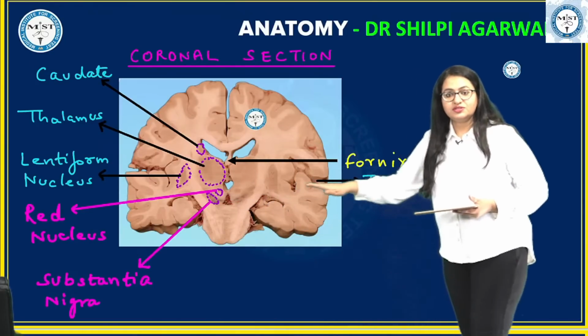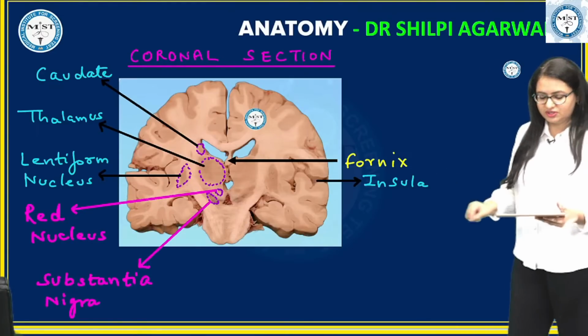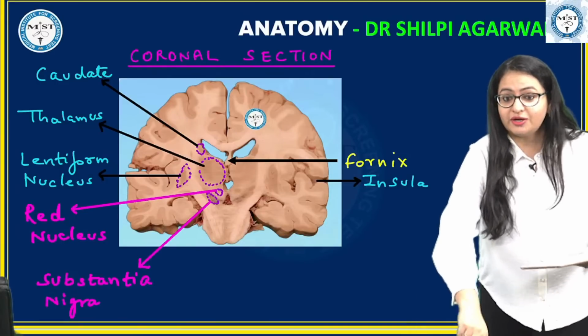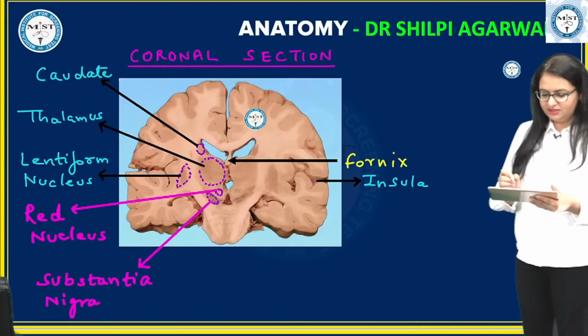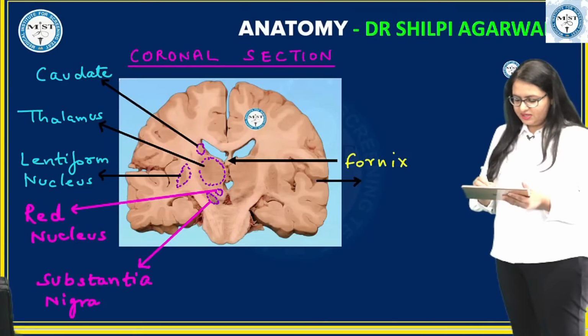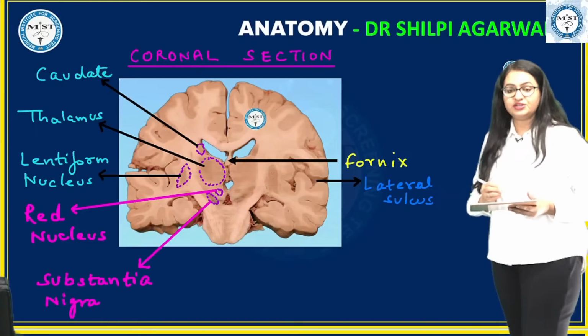Similarly, this is the lateral sulcus. I will just correct it over here. This is the lateral sulcus, and the area around it is given the term insula. This arrow which I have put over here is on the lateral sulcus.